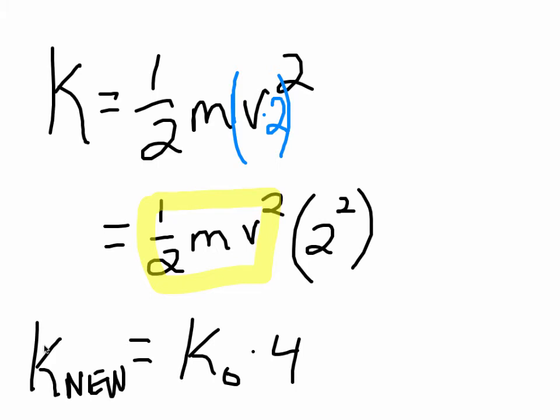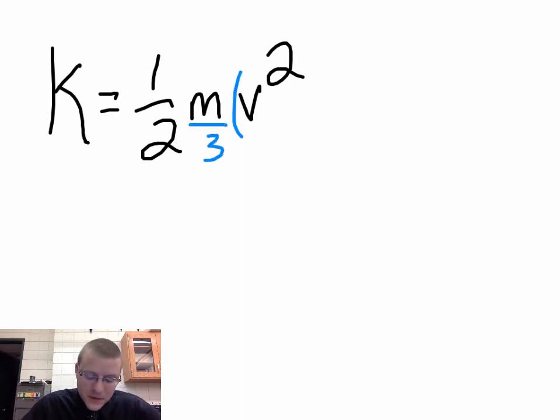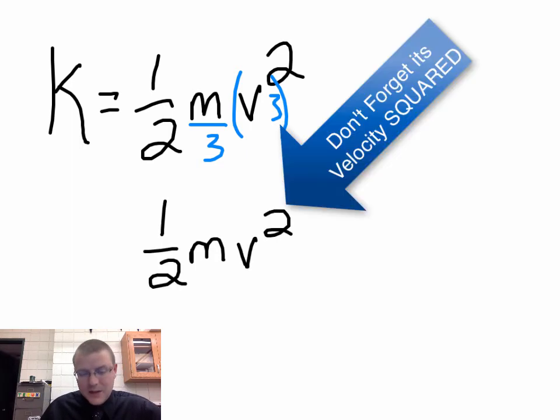So we could ask you, what happens in this case if I triple the velocity and cut the mass by 1/3? In my formula, I want to divide mass by 3, but I want to triple my speed. Again, you want to pull out everything that is a constant there. There always has to be a 1/2, a mass, and a velocity.